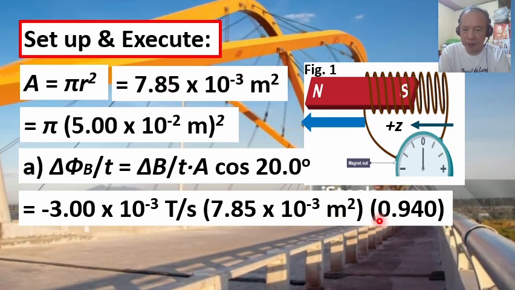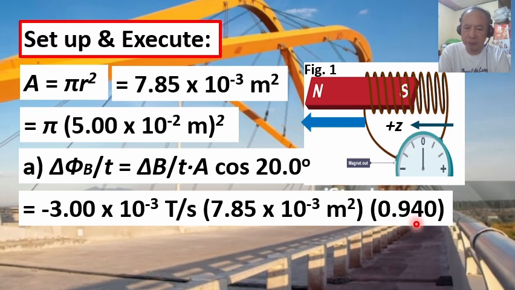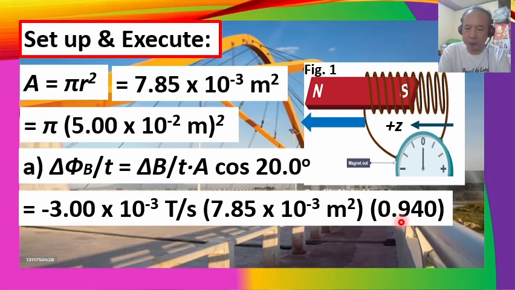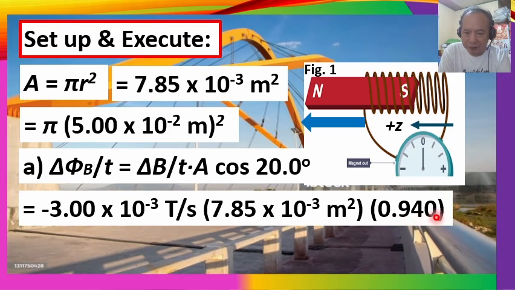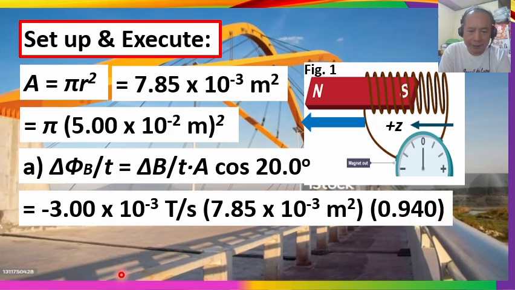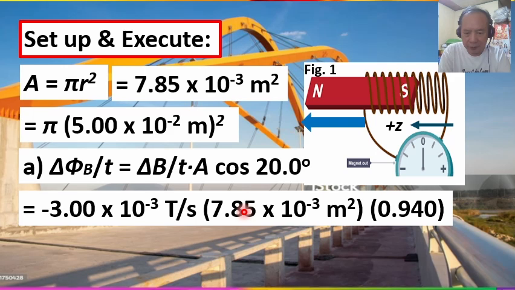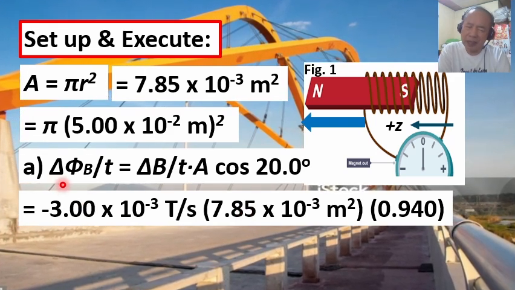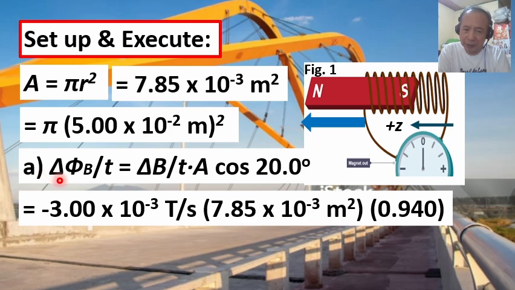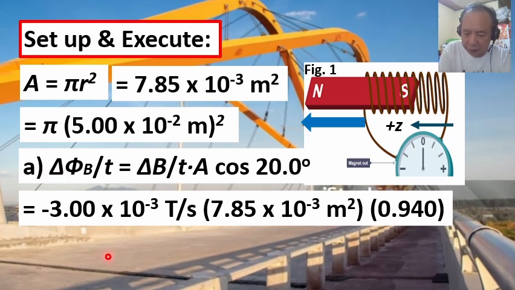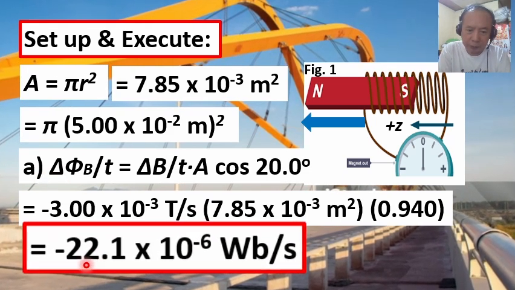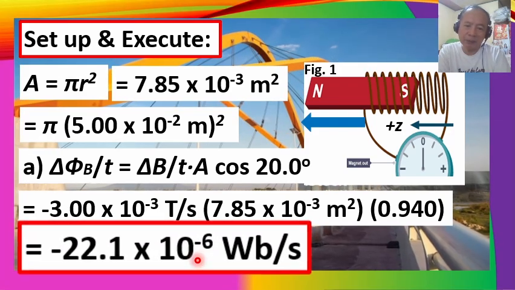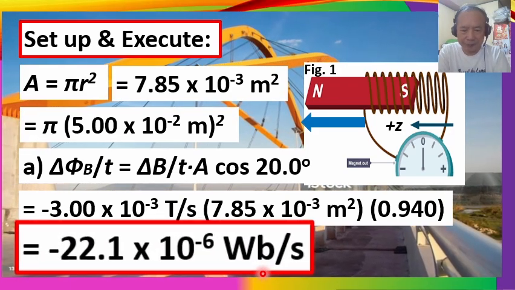And then, of course, the cosine value of 20.0 degrees is 0.940. So when we do our math, we find the time rate of change in the magnetic flux is equal to negative 22.1 times 10 to the negative 6 Weber per second.